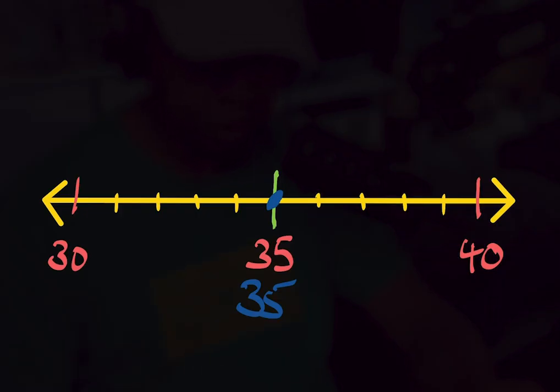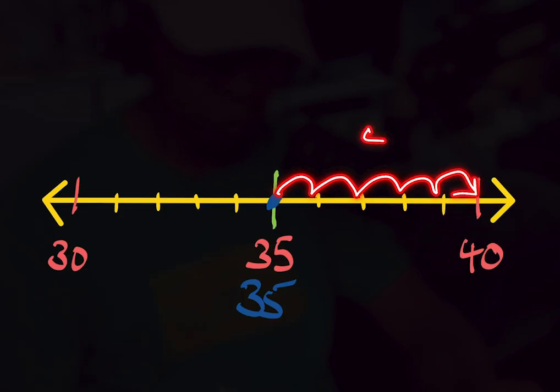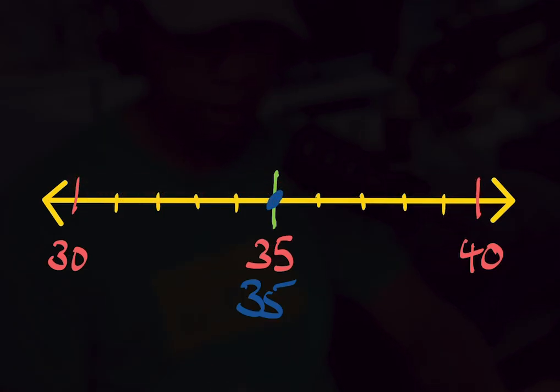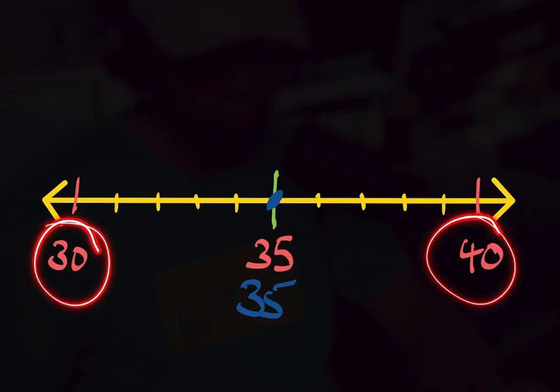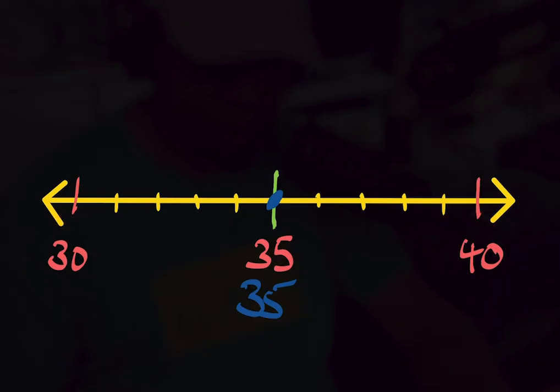Here's the issue: 1, 2, 3, 4, 5. It is equally far away or equally near both multiples of 10. So, as mathematicians, we just had to agree that if the number is halfway or more, we will round up.